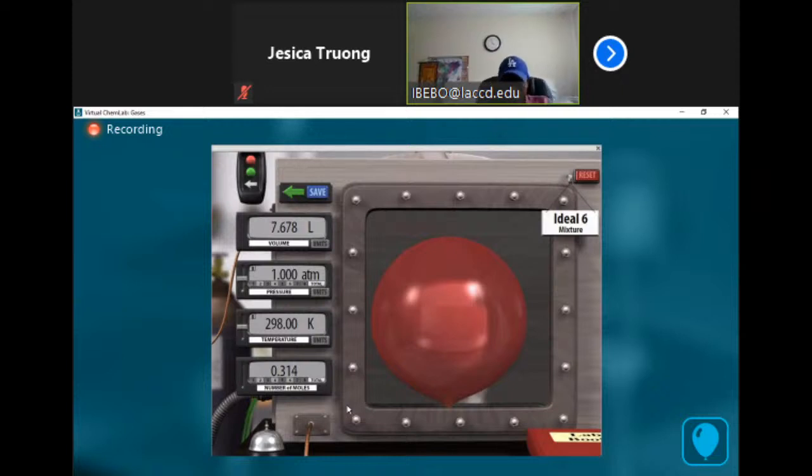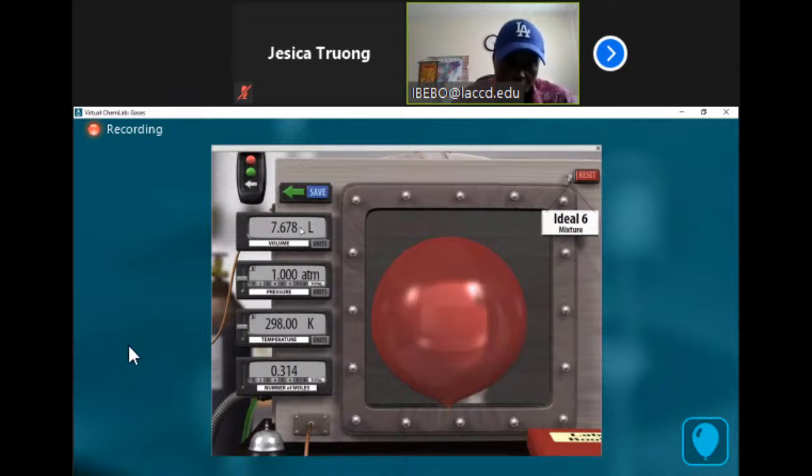All right, so it tells you on number 4 that ideal gases 1 to 8, that is what you're going to be looking at. The 3 gases that you selected will be highlighted, which is what I showed you below.